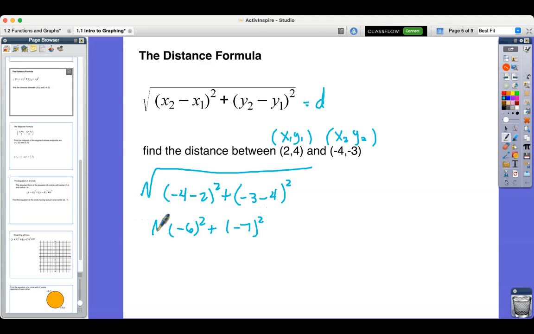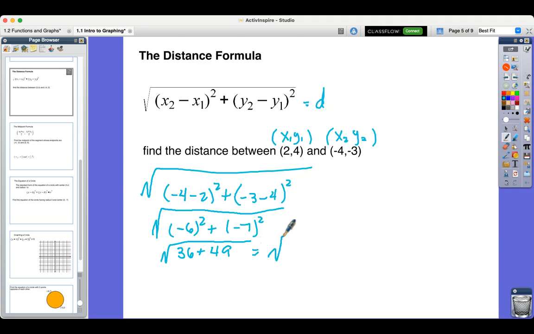And don't forget your square root, y'all. That is still there. We square -6, so that's +36, and then -7 squared is +49.